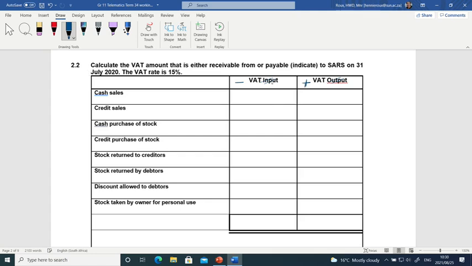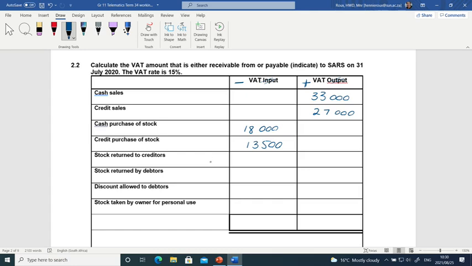So make that a plus and make that a minus. Cash sales, they've given us the 33,000. The 27,000 we've calculated. Cash purchases, credit purchases will decrease the amount, 18,000 and 13,500, the one that we calculated.